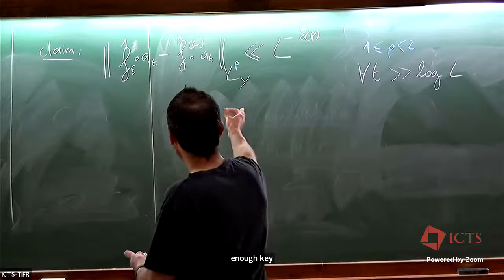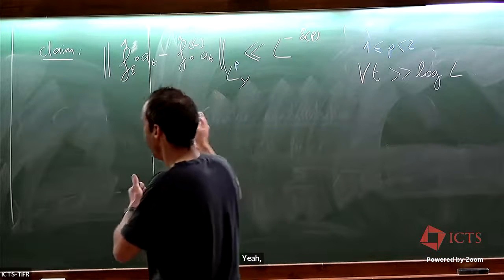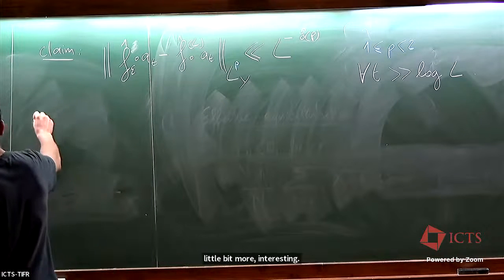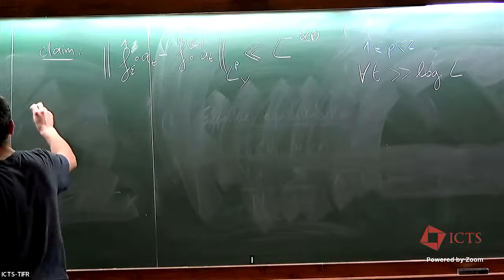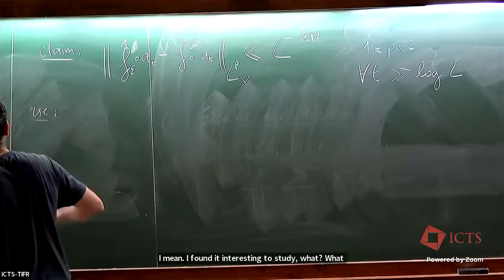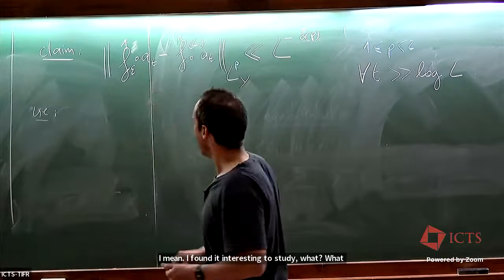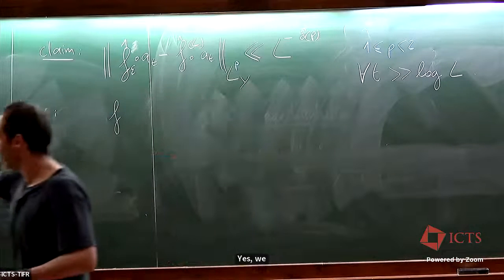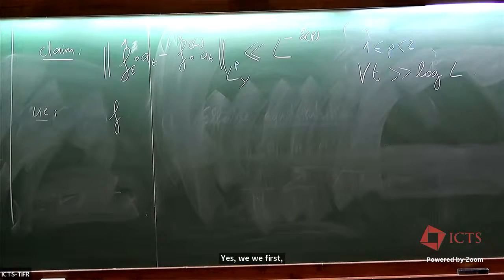This estimate, I think, is a little bit more interesting. I found it interesting to study. What we use here is, I need maybe to say something, but I guess you know what this alpha function is.